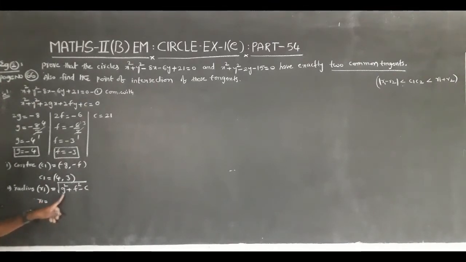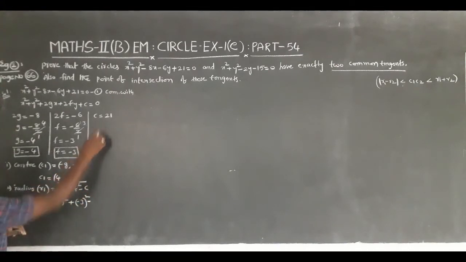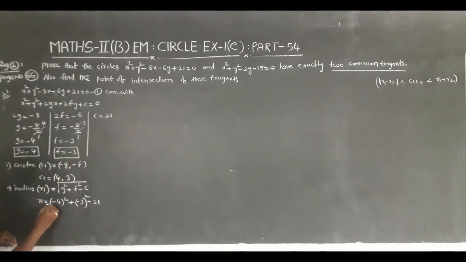R1 is equal to under root of minus 4 whole square 16 plus minus 3 whole square 9 minus 21. 16 plus 9 is 25, minus 21 is 4.